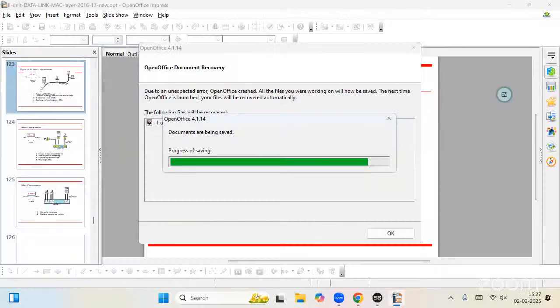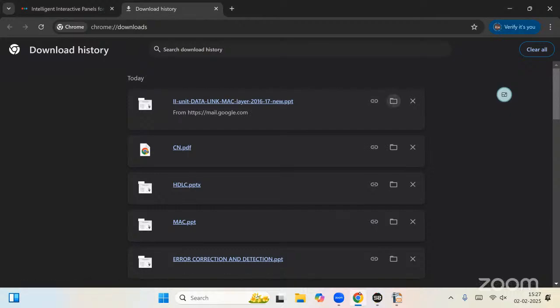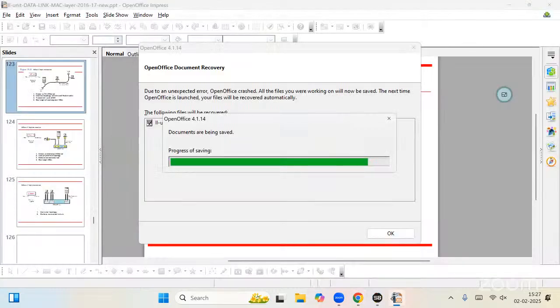This one. It is open. Can close it then.